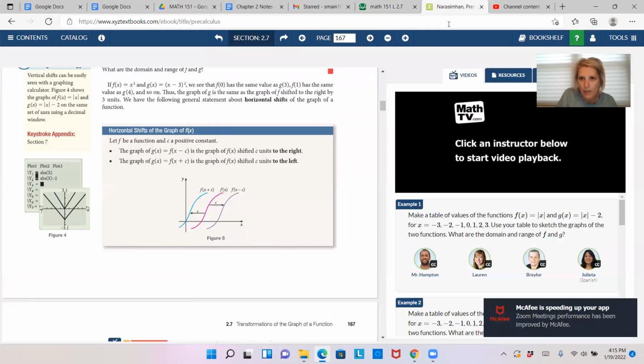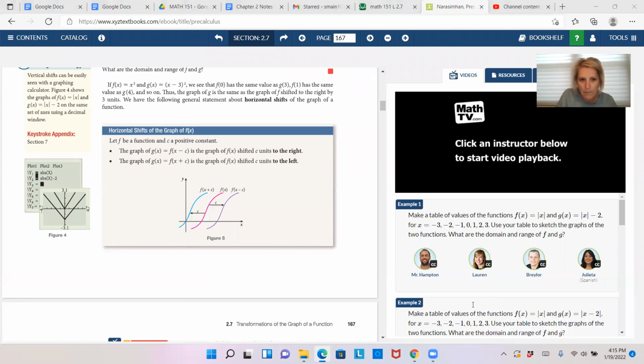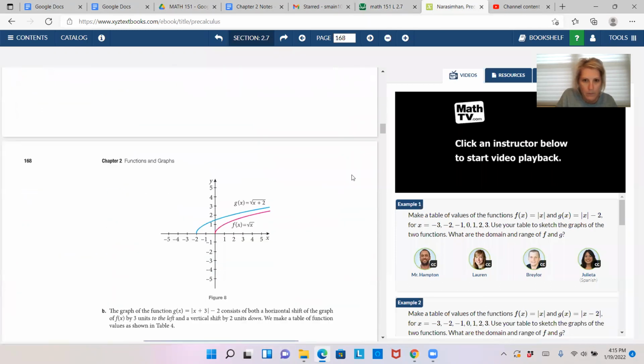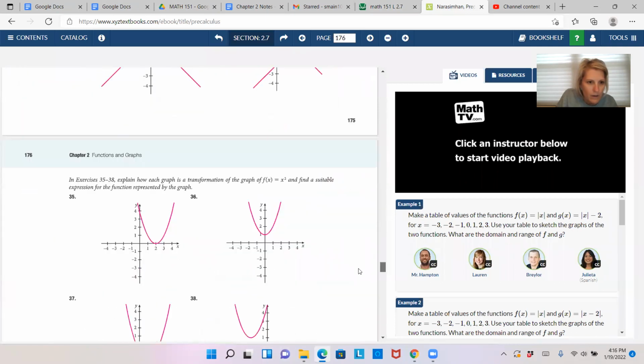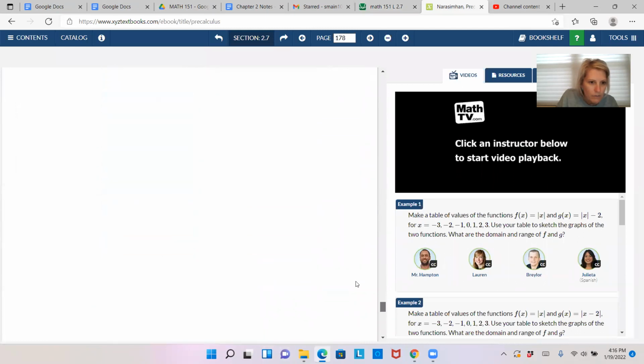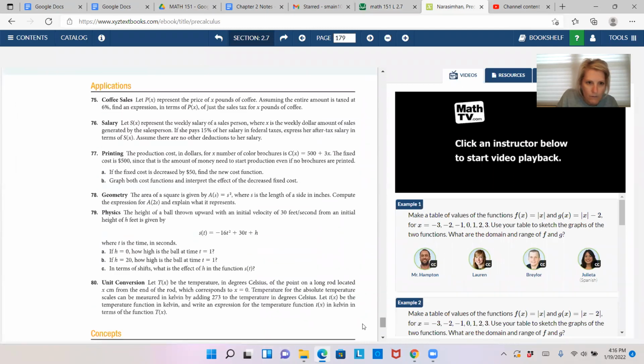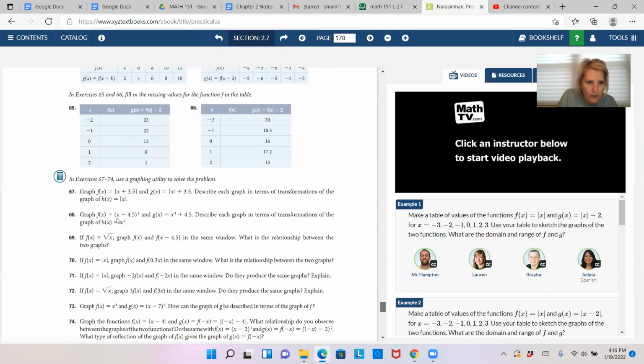I have the book pulled up right here. Here it is. So number 67. Graph of f of x is the absolute value of x plus 3.5, and g is the absolute value of x, plus 3.5. Describe each graph in terms of transformations of the graph h of x, the absolute value of x. Okay.